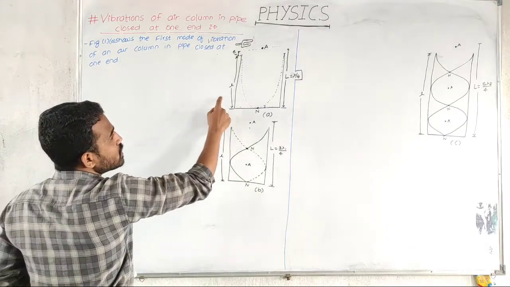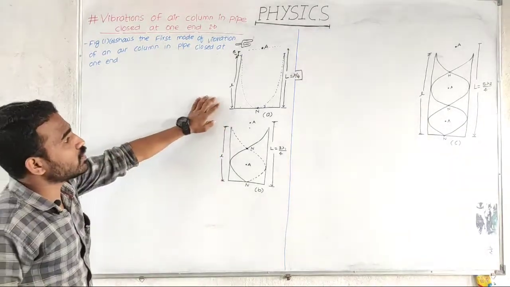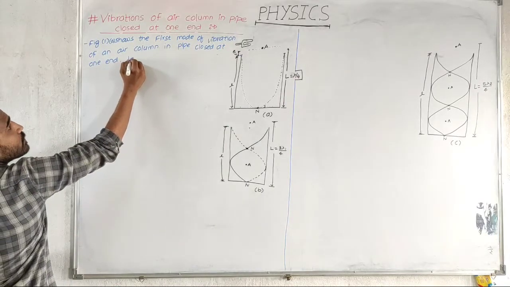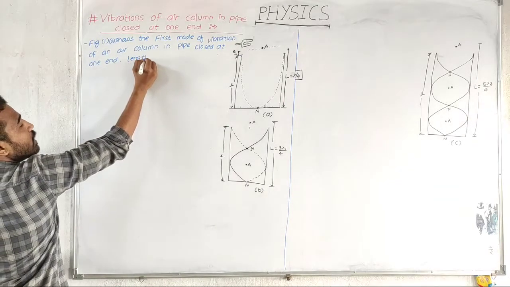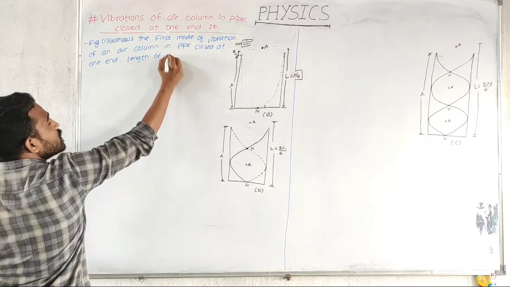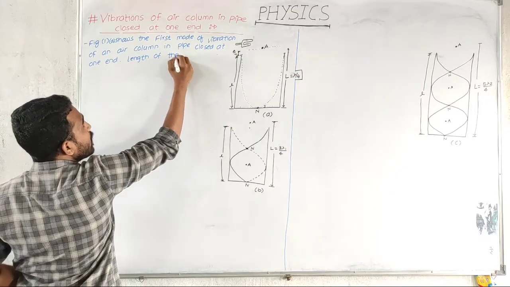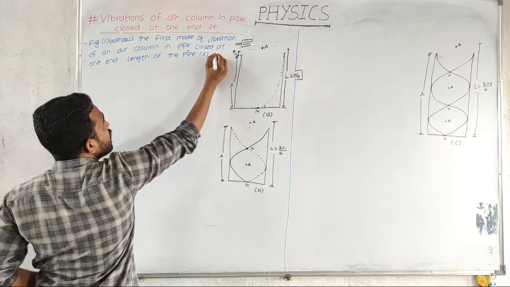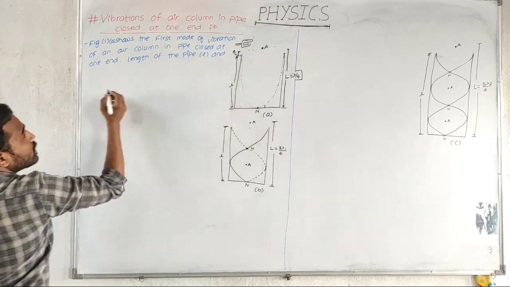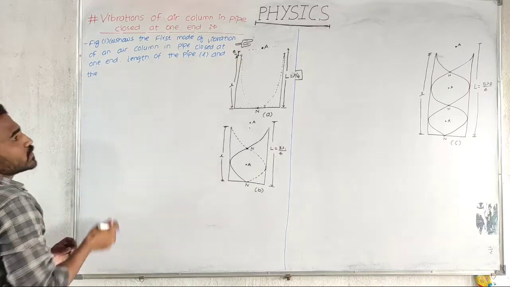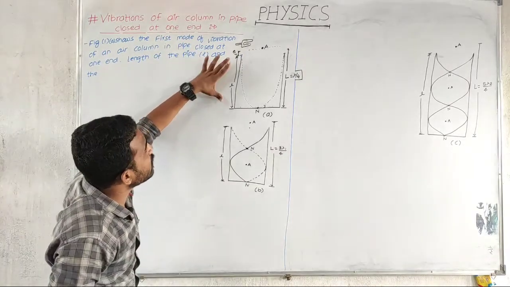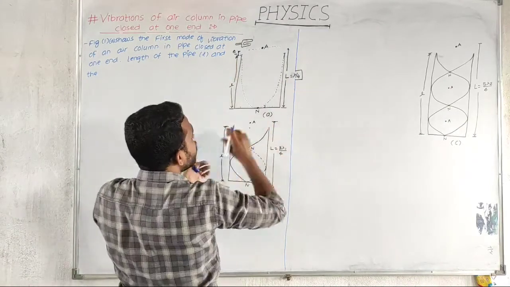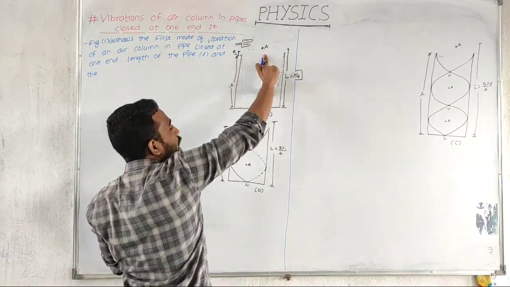Here you can see the length of this tube is small l, the length of the pipe. And capital L is the length of the air column, meaning from antinode to node.